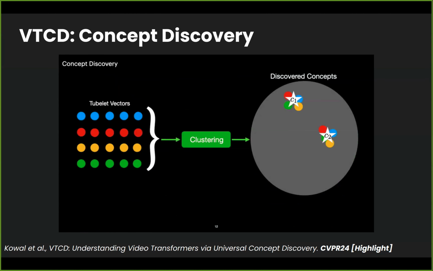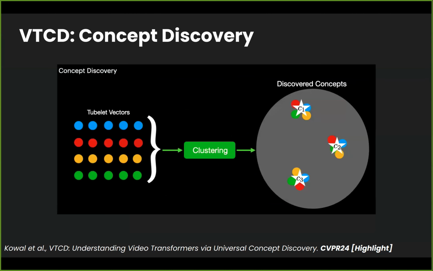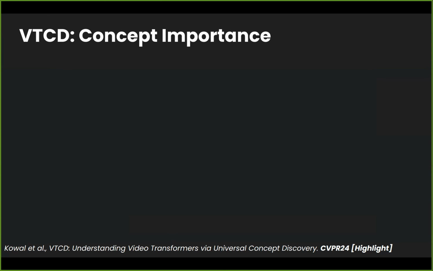We then cluster these tubelets, and we obtain concepts. Next, given a set of concepts extracted over a dataset of videos, we want to be able to rank these concepts and say which ones are more important with respect to model performance.